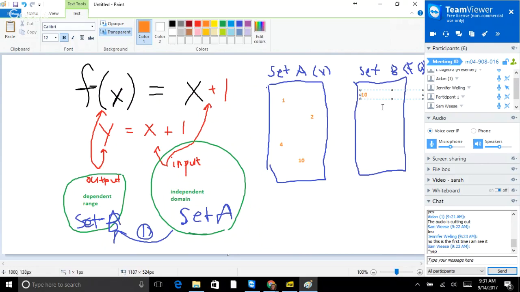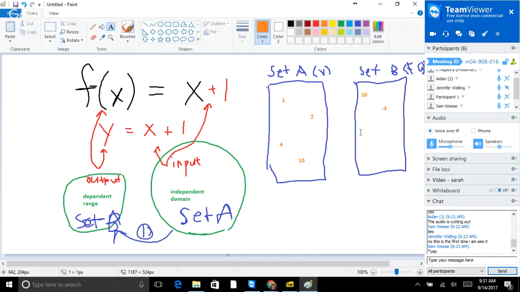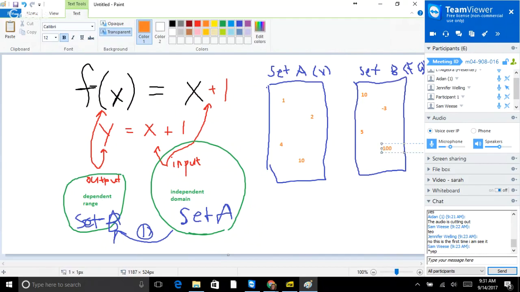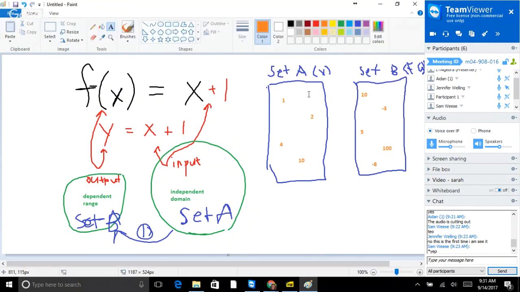We've got 10, let's throw a negative in there, -3, 5, no, 100, 8. Oh, let's throw another negative. We'll make it -8. Okay. It doesn't matter what the set of numbers are. We just have a set of numbers in A and a set of numbers in B.